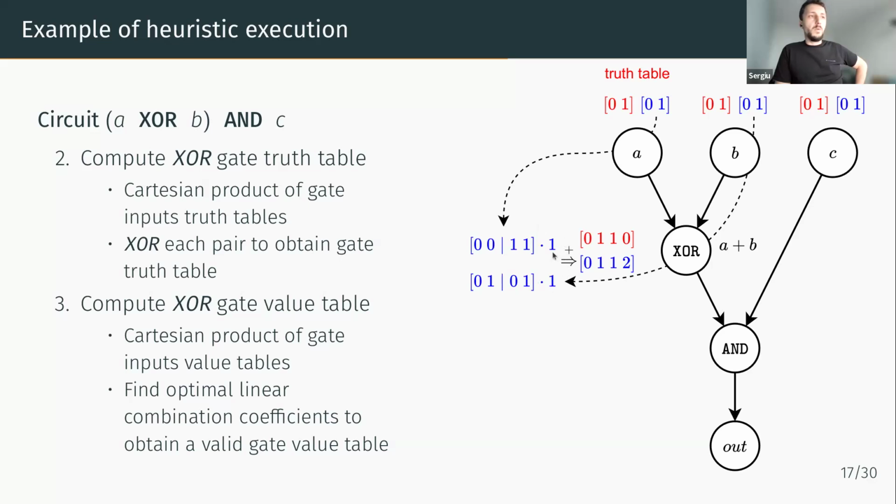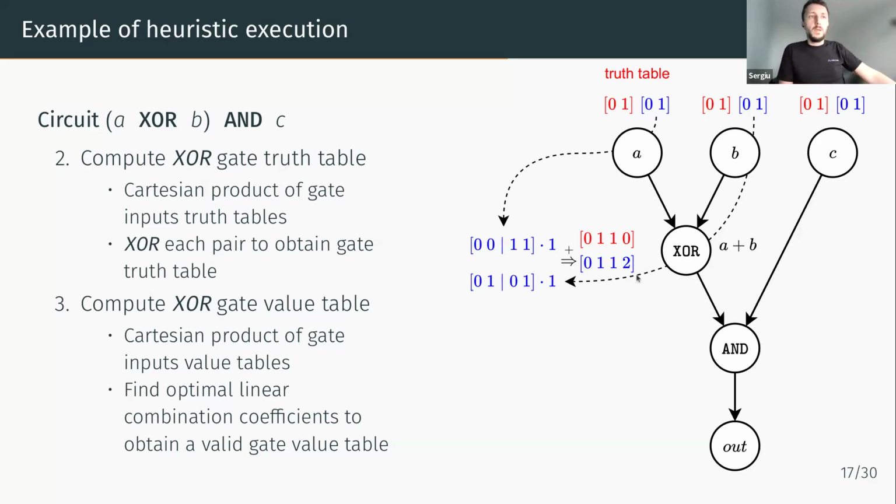In this case, they are 1, 1. And we combine the Cartesian product of input value tables using this linear combination. So, for example, 1 times 0 plus 1 times 0 is 0. The last one is 1 times 1 plus 1 times 1, which is 2.